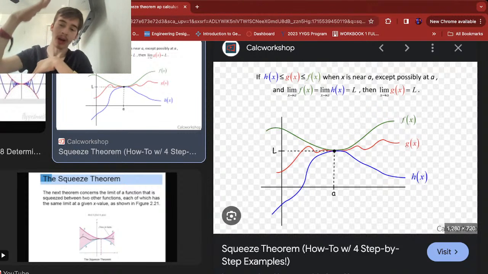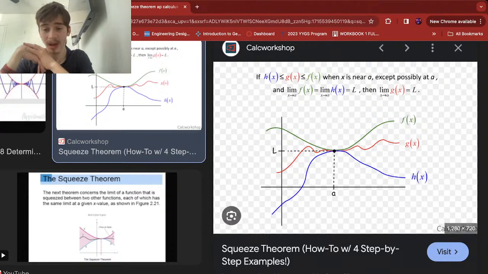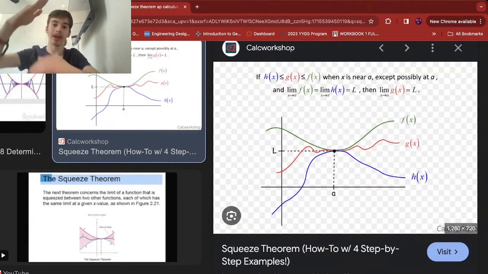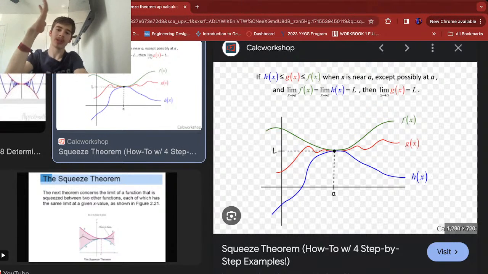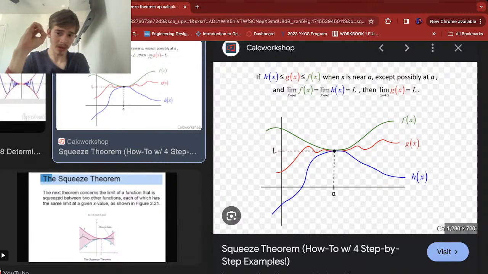If h of x is less than or equal to g of x, which is less than or equal to f of x, when x is near a, except possibly at a, and the limit as x approaches a of f of x equals the limit as x approaches a of h of x equals L, then the limit as x approaches a of g of x is L. So if two graphs, one less than and one greater than a certain graph, have the same limit at some point, then the graph sandwiched between them has the same limit.